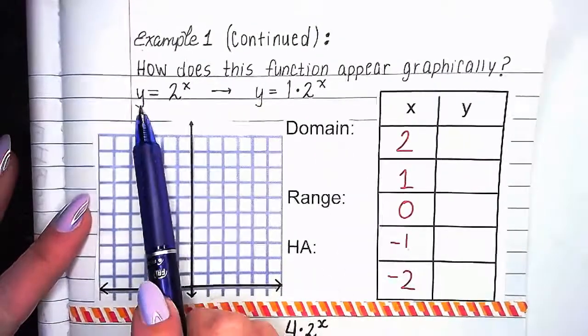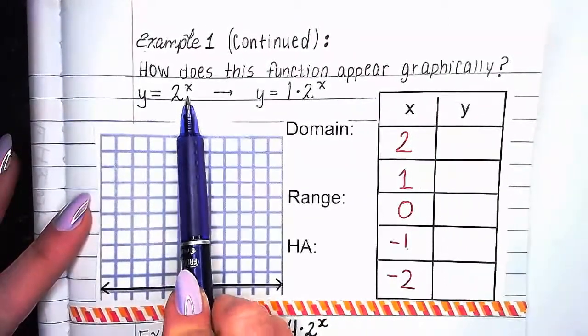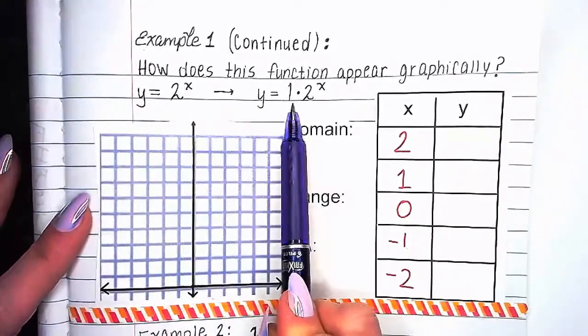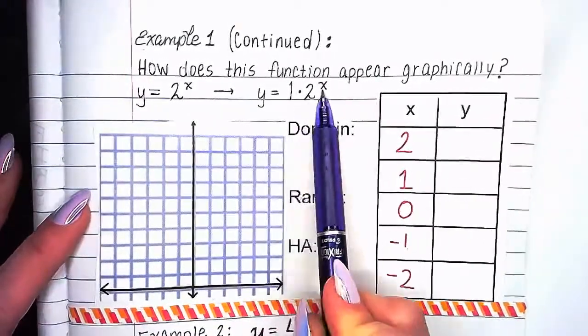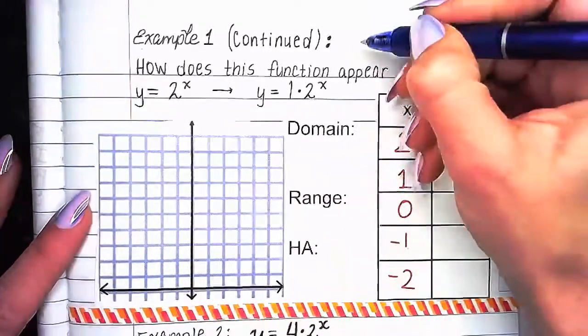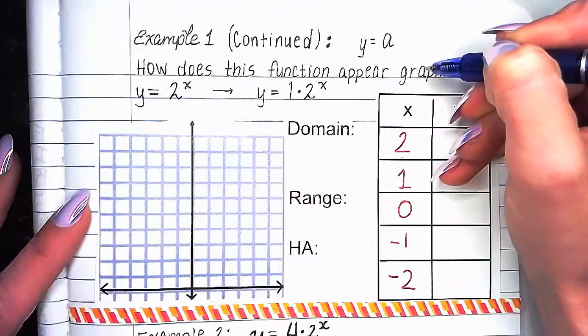We're going to take this equation we wrote down, this function, y equals 2 raised to the x power, which is, importantly, the same as 1 times 2 to the x. The formula we wrote on the prior page was y equals a, and what did we say a stands for?